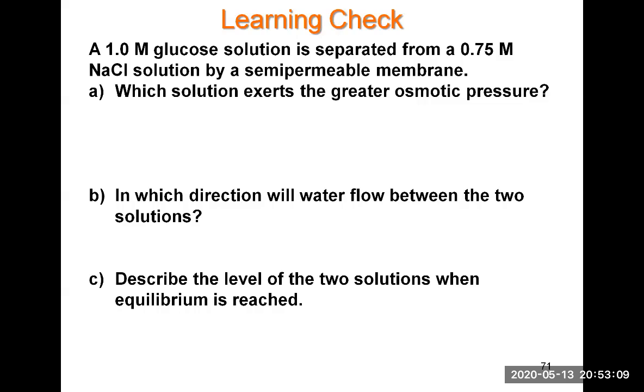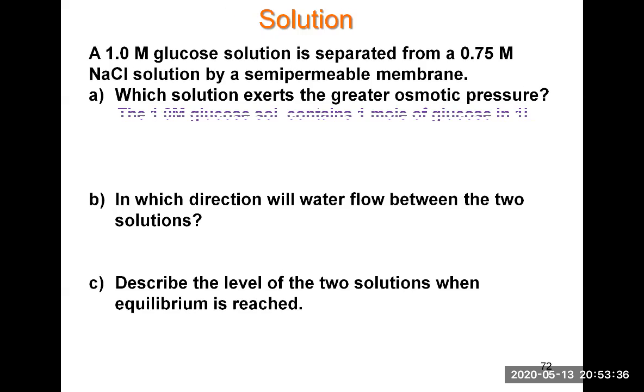But you have to think about the identity of the solute and ask yourself, when glucose dissolves, does it make one molecule or more than one? And we have already seen that glucose, when it dissolves in water, is a big neutral molecule and it stays as one molecule of glucose. So when you have a 1 molar glucose solution, it dissolves into 1 mole of glucose per liter. So we have 1 particle per formula, basically, per name.